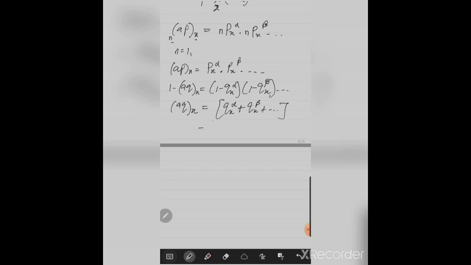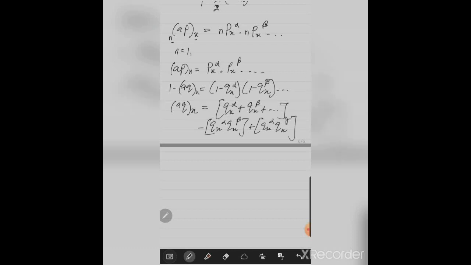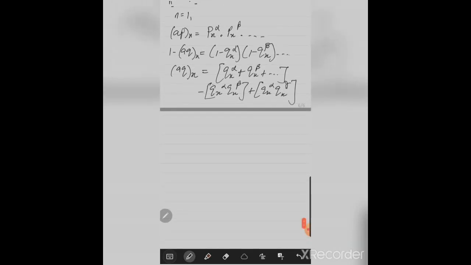So when you get the pairwise terms, you get QX alpha QX beta plus QX alpha QX gamma, and so on. Then plus three elements, QX alpha QX beta QX gamma.